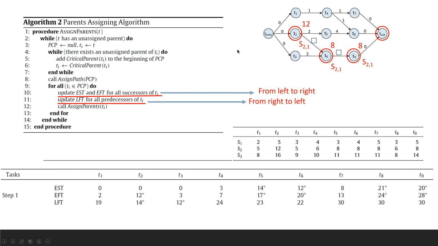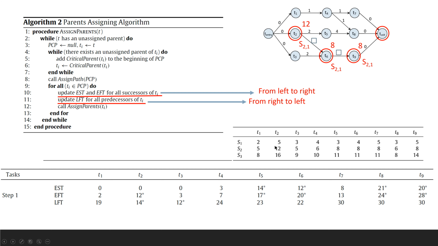And for the EST of T2, because it is assigned to S2, which means the first instance of S2, we can check this table.